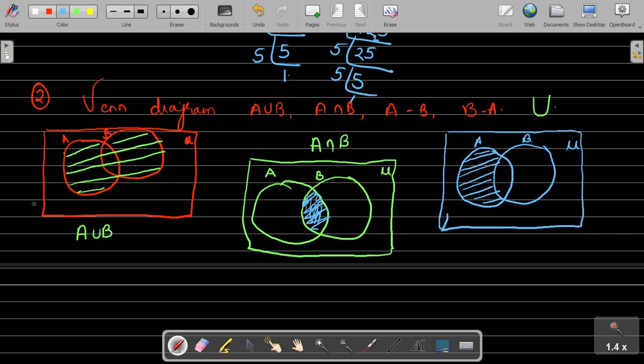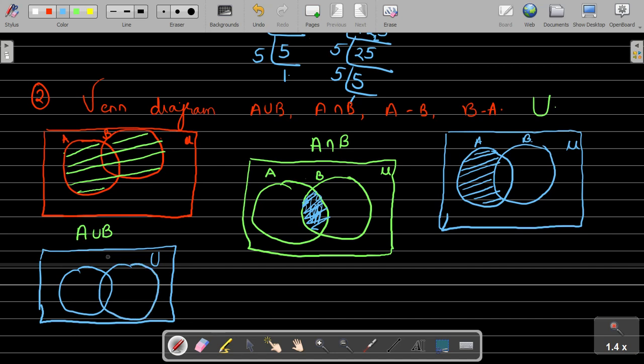Similarly, if you are representing B minus A, how do we do that? Again we have a rectangle representing the universal set denoted by capital U. We have two sets, set A represented by a circle, and set B also represented by a circle. We shouldn't forget to write the names of the circles.